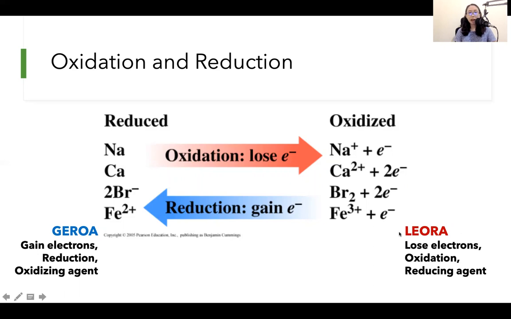LEORA, on the other hand, stands for the reactant that loses electrons, undergoes oxidation, and it is the reducing agent. You can remember this mnemonic to make it easier for you to understand the meaning of oxidation, the meaning of reduction, and for you to be able to identify the oxidizing agent and the reducing agent in a redox reaction.